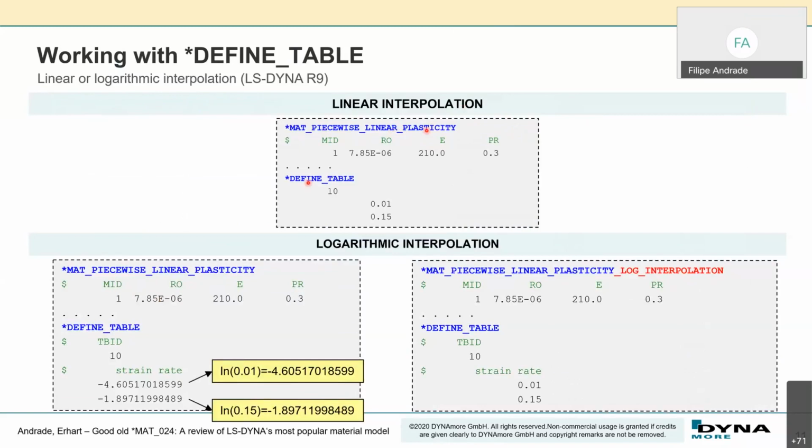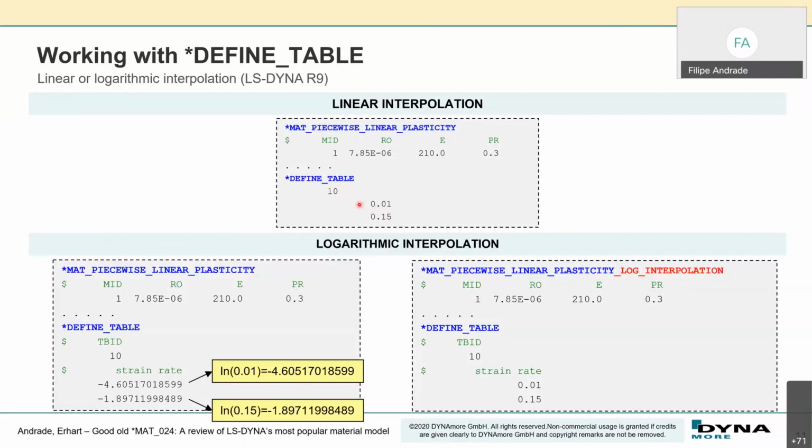You just define your table with your real strain rates. Here my strain rate measure is per millisecond, so here per second would be 10 and 150 per second. So you just put the values there, and this time we understand it as the real strain rate.